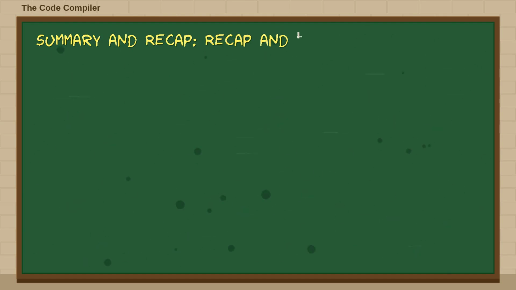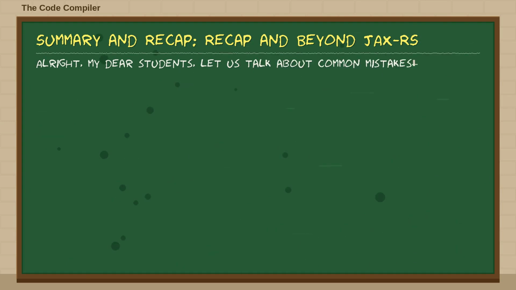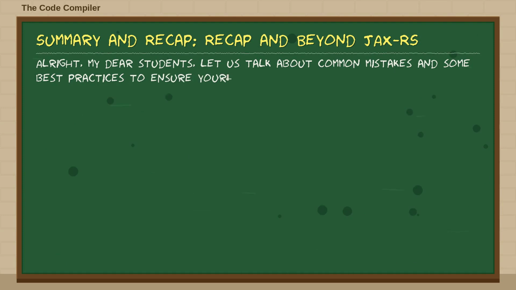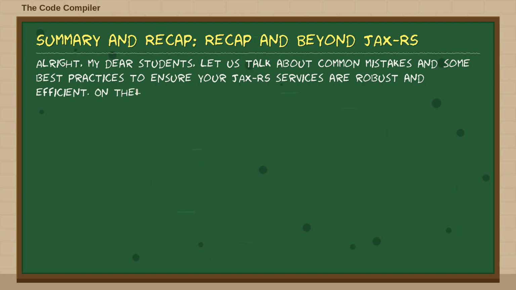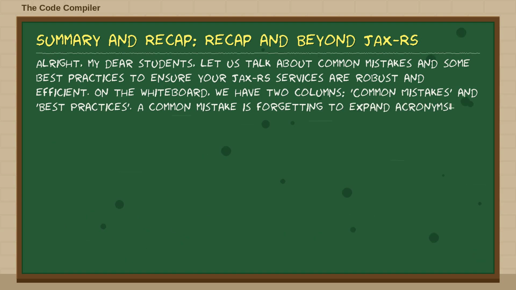Alright, my dear students, let us talk about common mistakes and some best practices to ensure your JAX-RS services are robust and efficient. On the whiteboard, we have two columns, common mistakes and best practices. A common mistake is forgetting to expand acronyms like JAX-RS or representational state transfer.